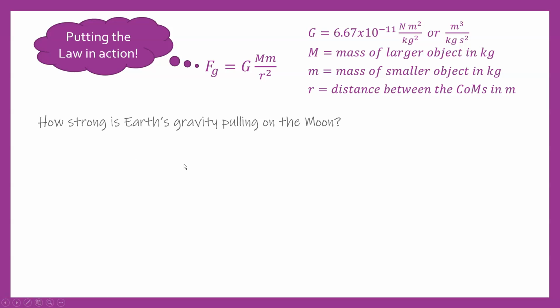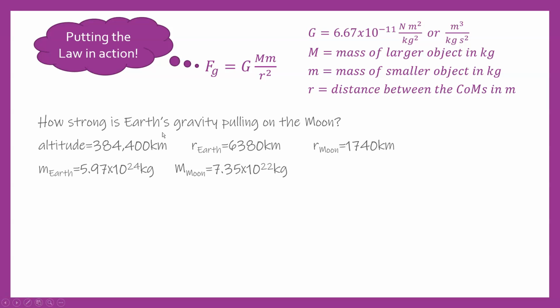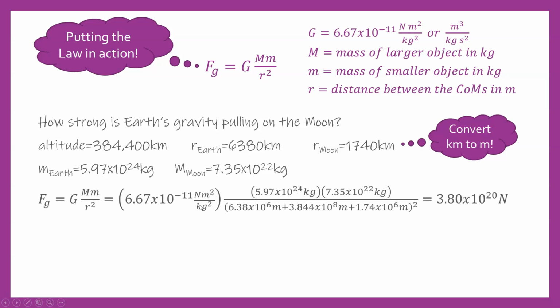Let's take a look at another problem. How strong is Earth's gravity pulling on the moon? Now, when we get a problem like this involving the planets, moons, and stars, we're going to need information about the orbital distance as well as their masses. And we need to remember to take all the distances, which are usually in kilometers, and convert them to meters. We can go ahead and plug in our universal gravitational constant, the mass of the Earth, the mass of the moon.